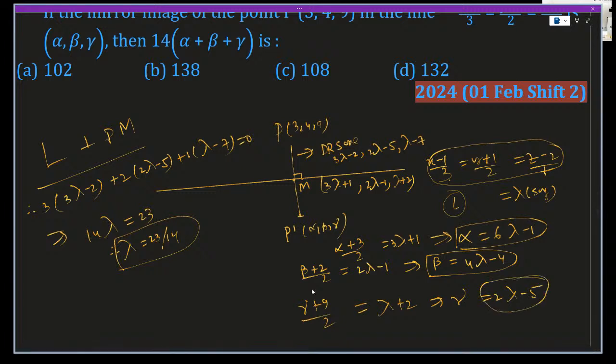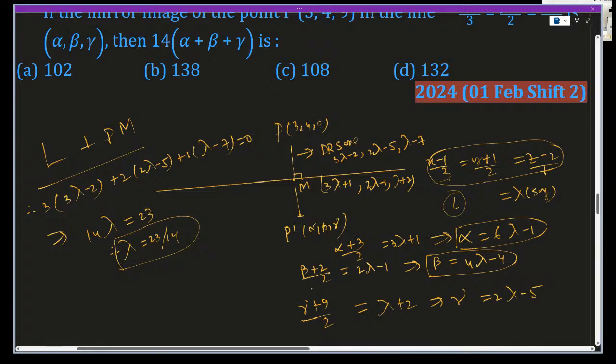Gamma also we got in terms of lambda. So 14, their requirement is this. I am not putting it here because terms are not very good with 23 by 14. So this is 12 lambda minus 10.